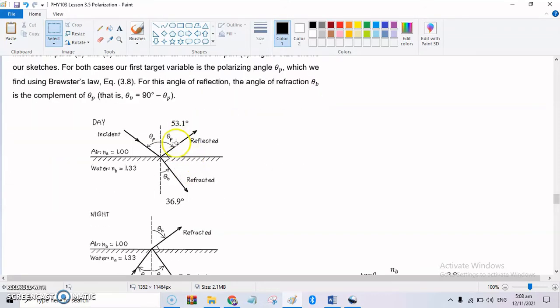This angle in here is also equal to 53.1.